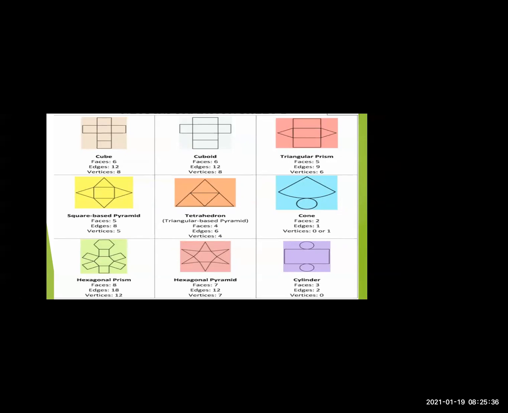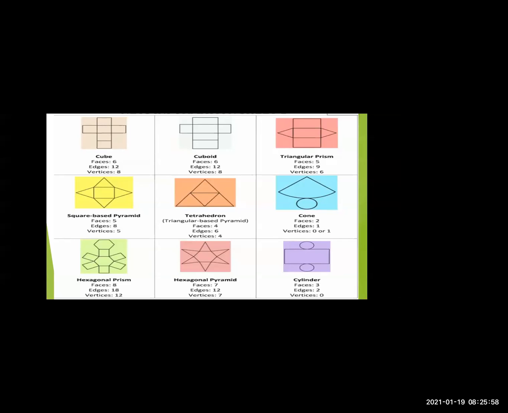In a square based pyramid, as I told you, square means 4 sides. So the top ones are triangles. So 5 faces, 5 vertices, and 8 edges. Here, triangular pyramid, 4 faces, 4 vertices, and 6 edges.